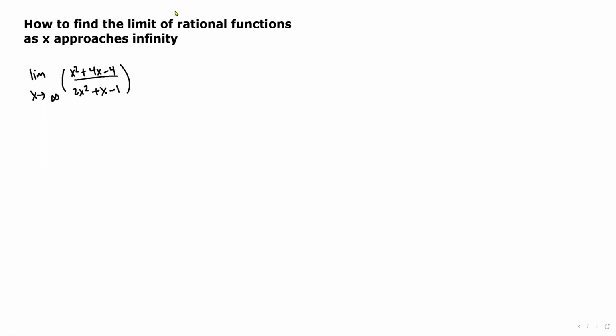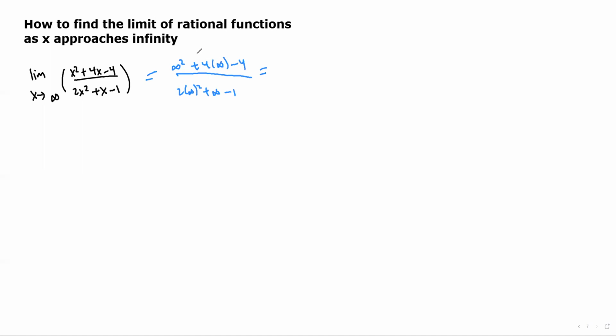So when I do that, I'm going to have infinity squared plus 4 times infinity minus 4 over 2 times infinity squared plus infinity minus 1. So the numerator, we're going to have infinity squared, which is infinity, plus 4 times infinity, which is infinity, minus 4.